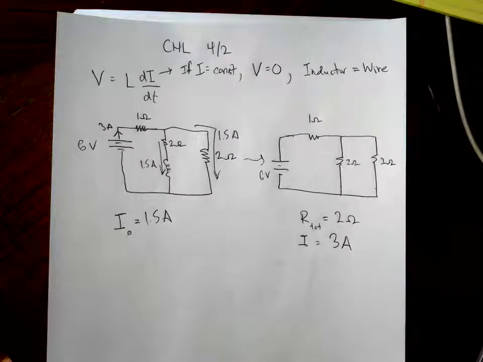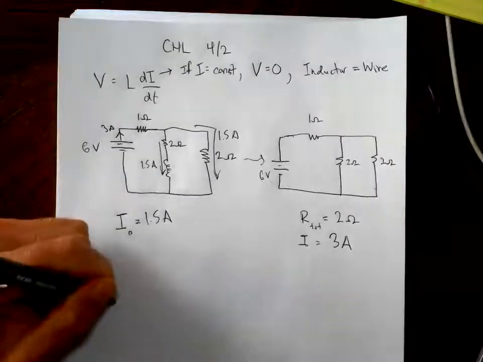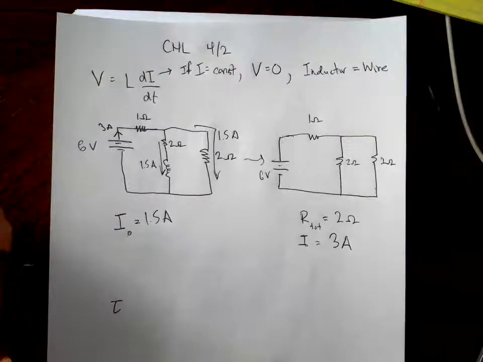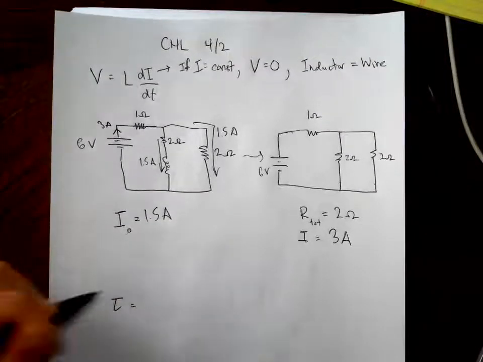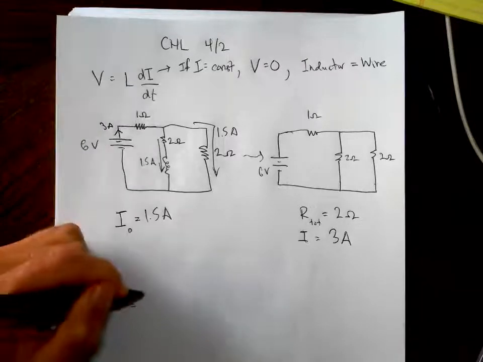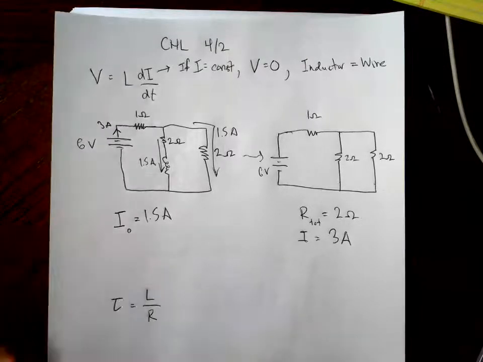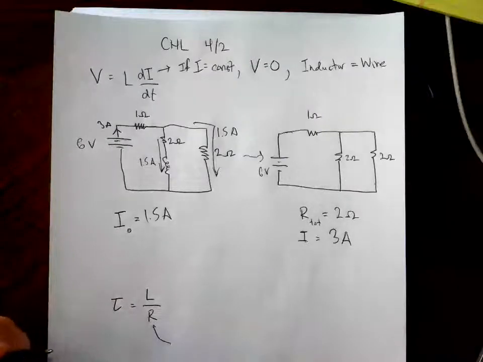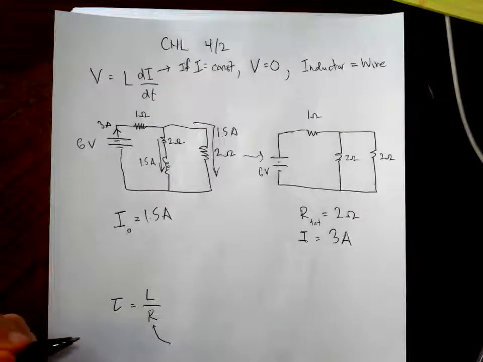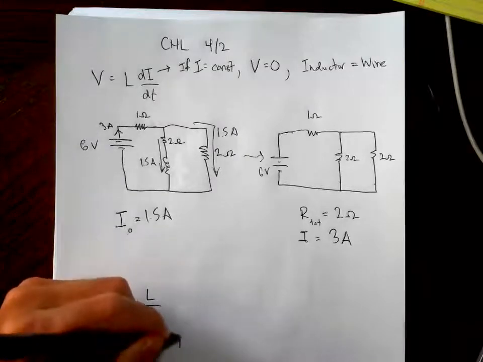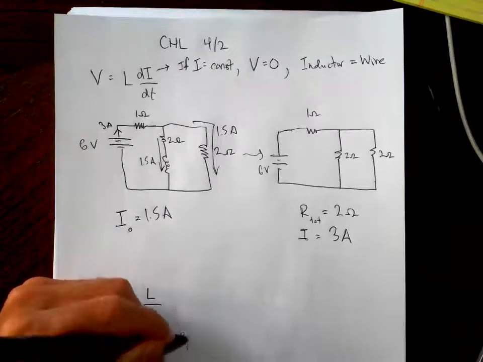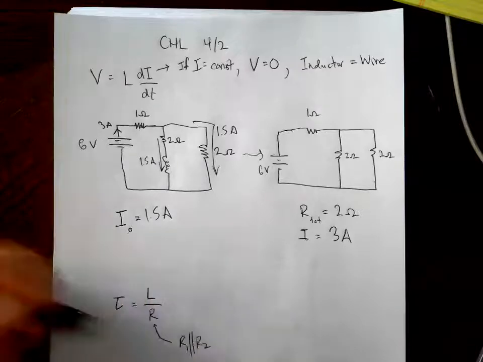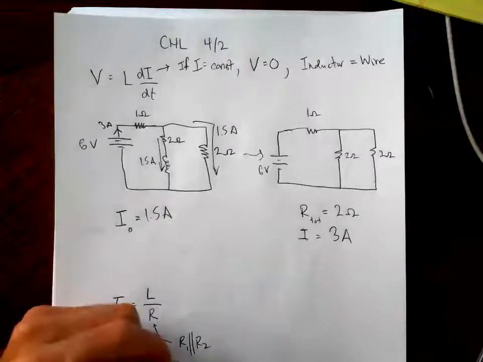Okay. The other thing I wanted to say is the time constant in an RL circuit is L over R. Keep in mind that this is the resistance that the inductor sees. So for example, it could be 2 resistors in parallel, or it could be 2 resistors in series.